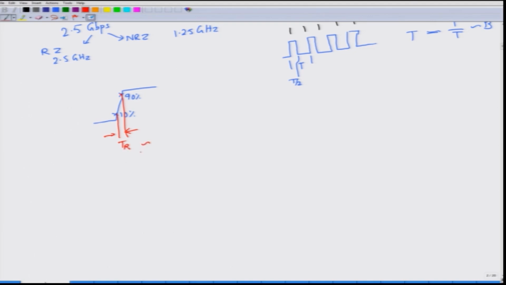For NRZ this is about 0.7 by B, and for the RZ case this is only about half the time, okay, because RZ pulses have to rise up because they also have to fall down, right. In the half period they have to rise and then they have to fall, whereas for an NRZ case it has to rise and then it has to fall at a much later time compared to RZ.